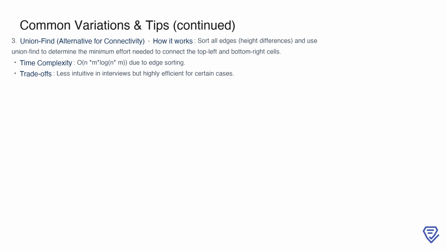This approach achieves a time complexity of O(n * m * log(n * m)) due to the sorting of edges. While union find is highly efficient in scenarios where connectivity is the primary concern, it can be less intuitive in interviews compared to BFS, DFS, or Dijkstra's algorithm. However, understanding this method can provide a valuable alternative for certain cases, showcasing versatility in problem solving.